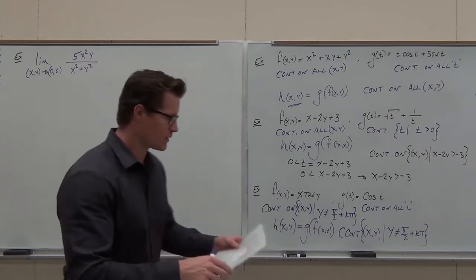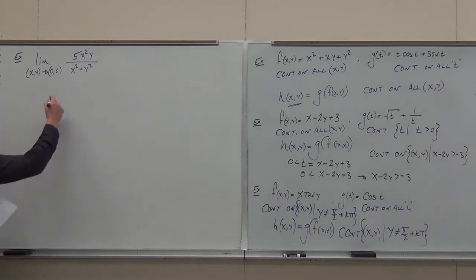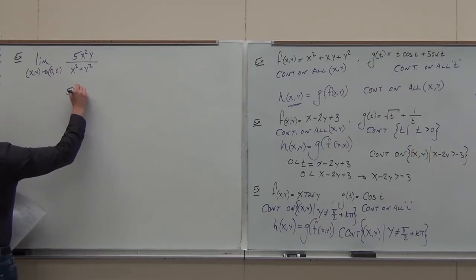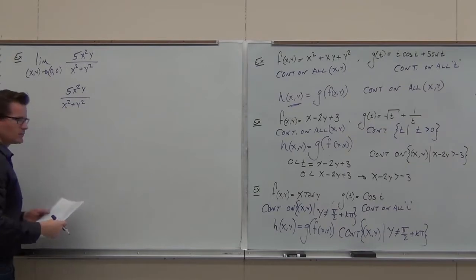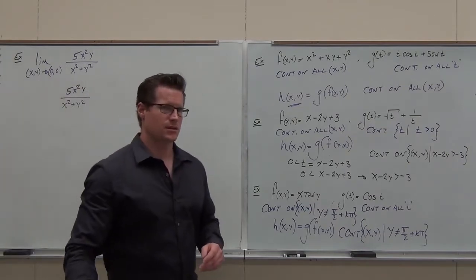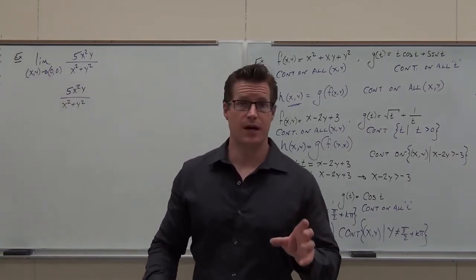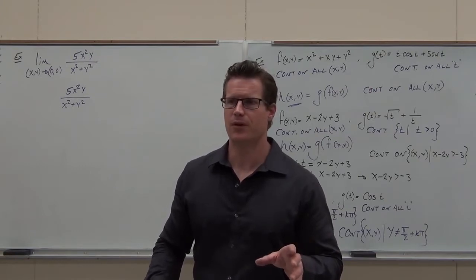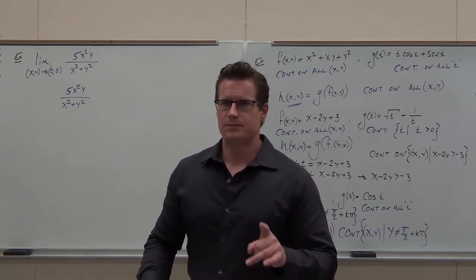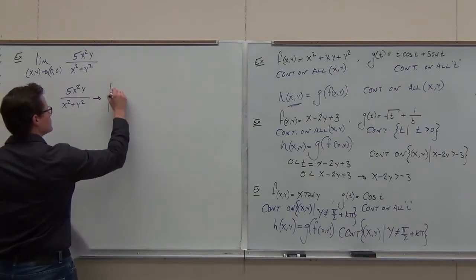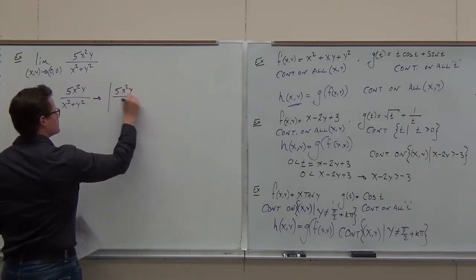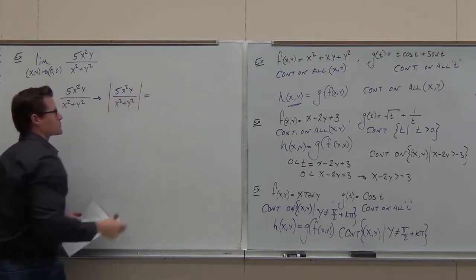So let's take a look at this. Let's look at our function. And I want to consider the absolute value of the function. Like, where are you getting that from? I'll show you where in a second. True or false?